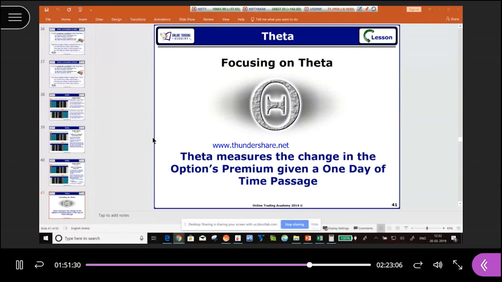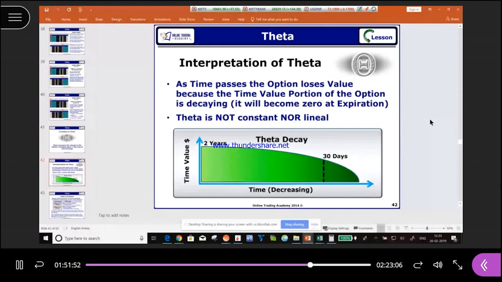Amit. Okay, interpretation of theta, just go through this slide.